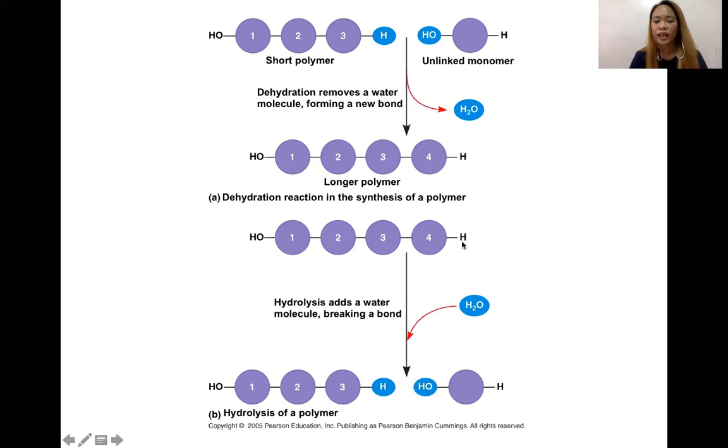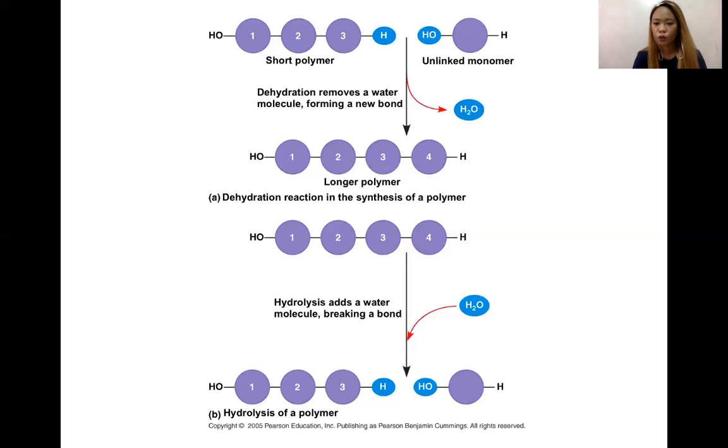Now the opposite of that is your hydrolysis. So when we say hydrolysis, from something big, we're going to make them smaller. So here we started with a polymer that has 4 building blocks, 4 monomers. Again, one end ends with an OH and the other end ends with a hydrogen. So in order for us to remove 1 monomer, we are going to use water.